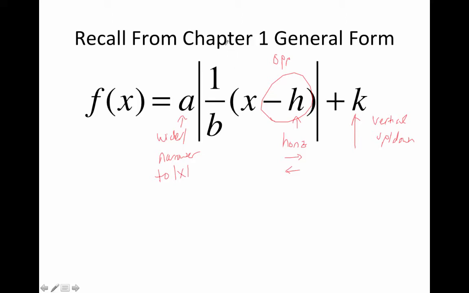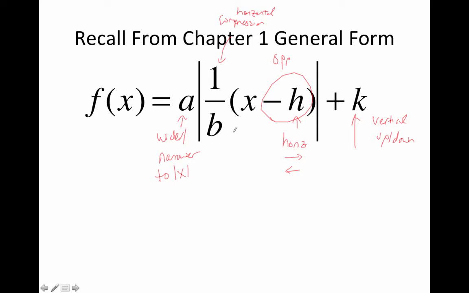And that one is exactly what you would see. And also remember this 1 over b, we talked about this a little bit. This kind of talks about compression horizontally. Not a big deal if you forgot this one. It's really going to come more in handy when we try to write some equations if we're given a graph.